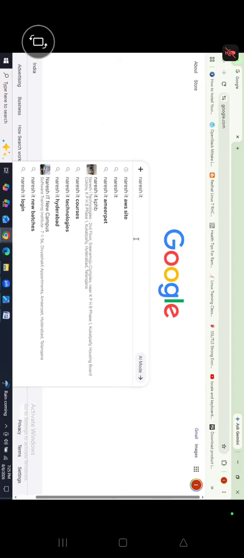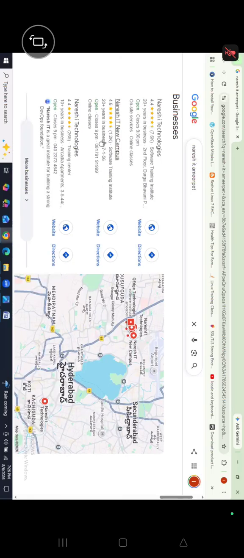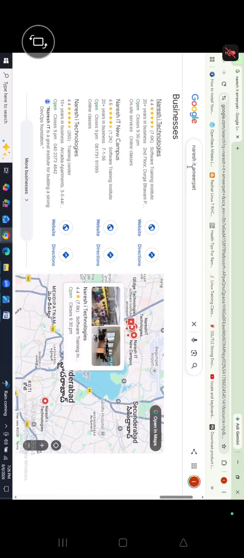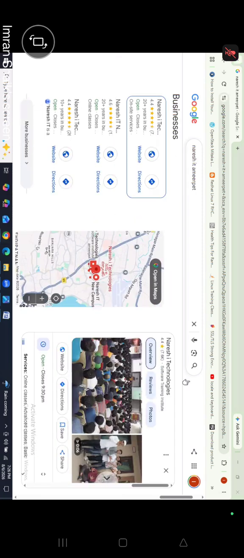There is also an AWS site of Naresh IT, I don't know, there are so many sites. So you can give it anywhere, wherever you want. So Naresh IT Amirpet, then select one. Okay. For example, select this one. Right. We have reviews, right?